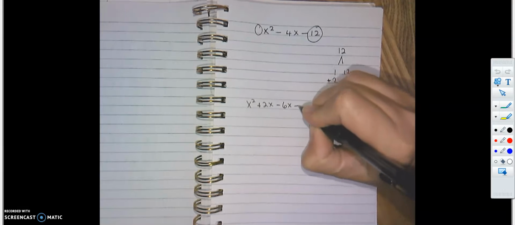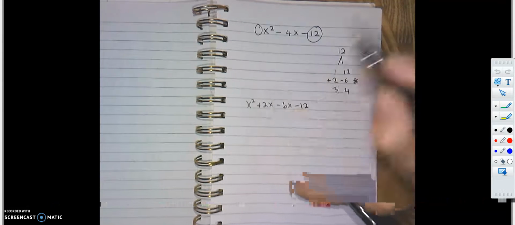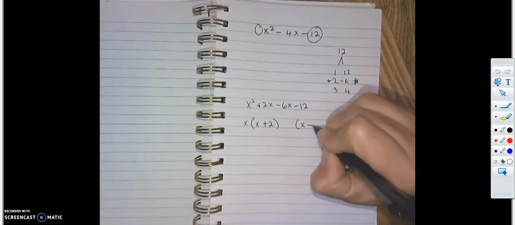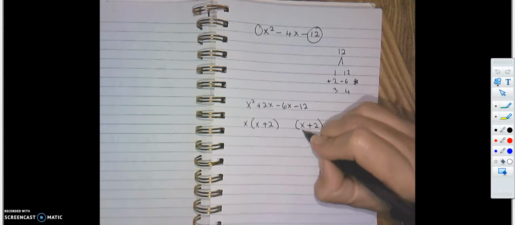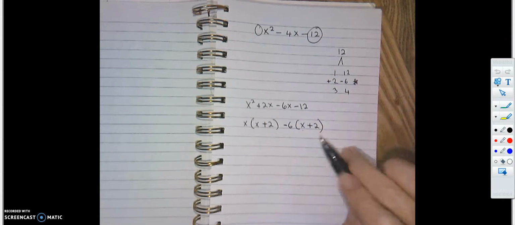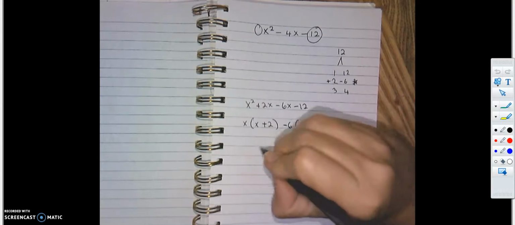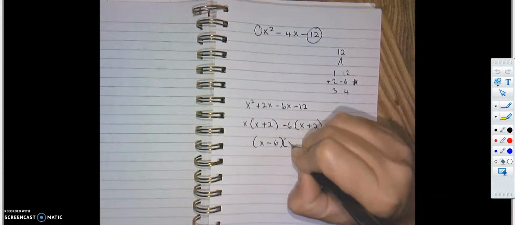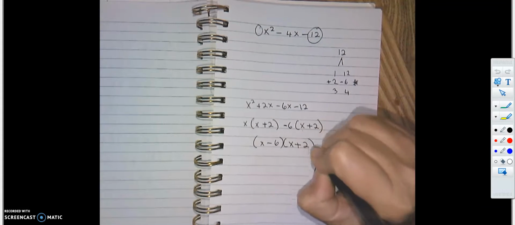So you rewrite it, x squared plus 2x minus 6x minus 12. Look at the first two, what have they in common? So they have an x, so you go x plus 2. Write down x plus 2. We have an x, we need a minus 6x, so you're missing a minus 6. Check, minus 6 by 2 gives you minus 12. Perfect, so then regroup x minus 6, x plus 2.